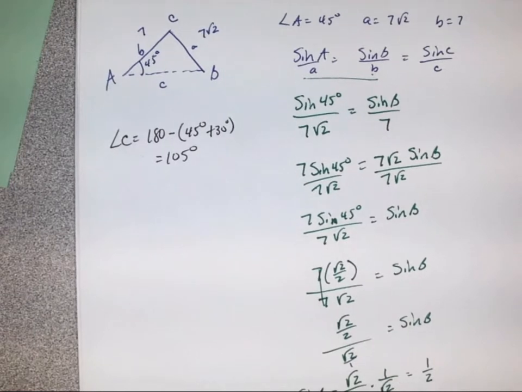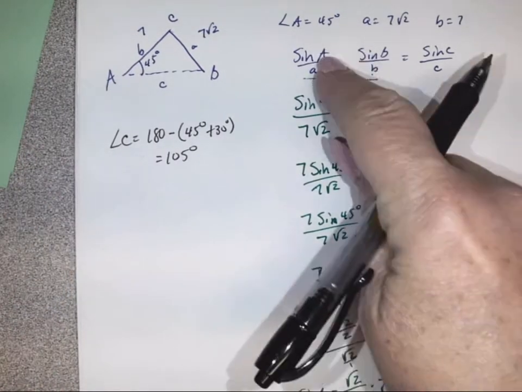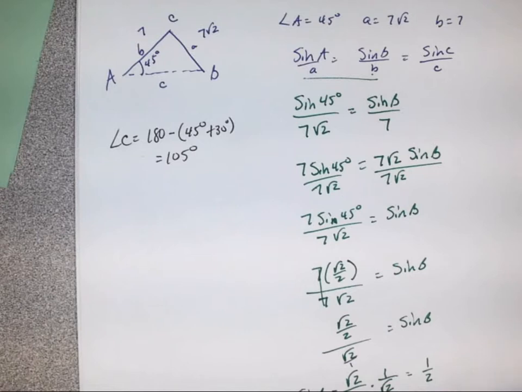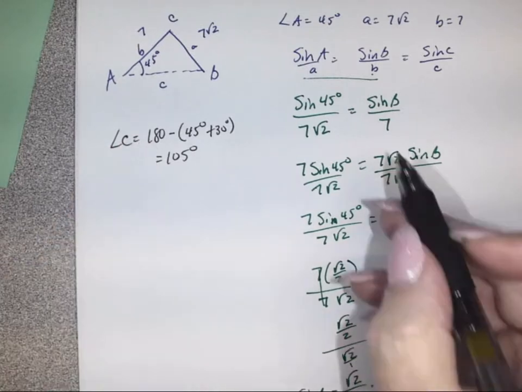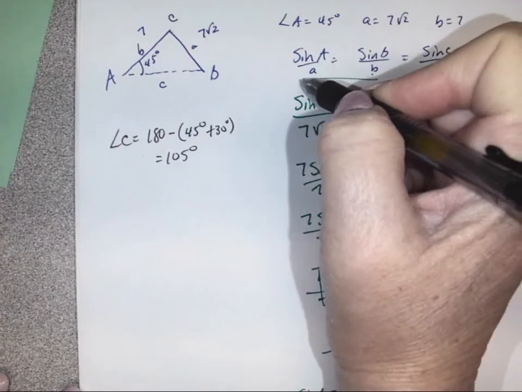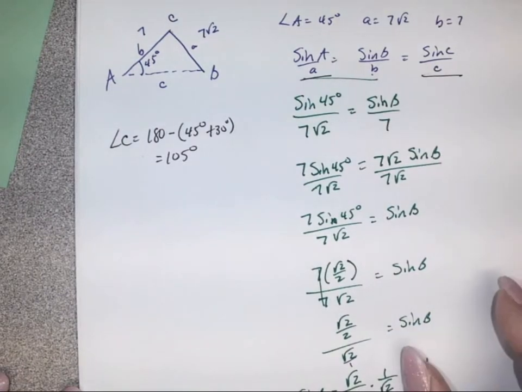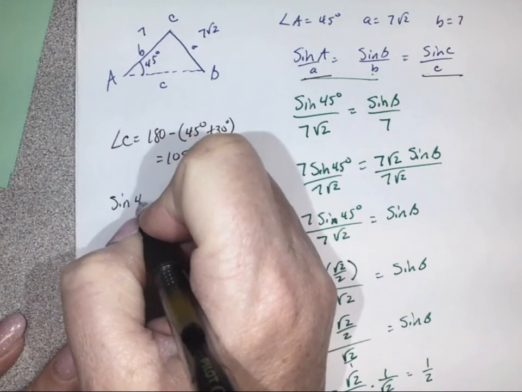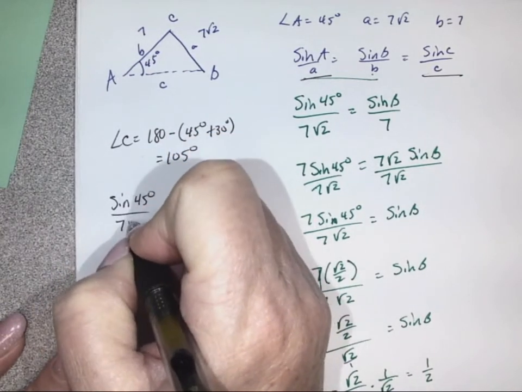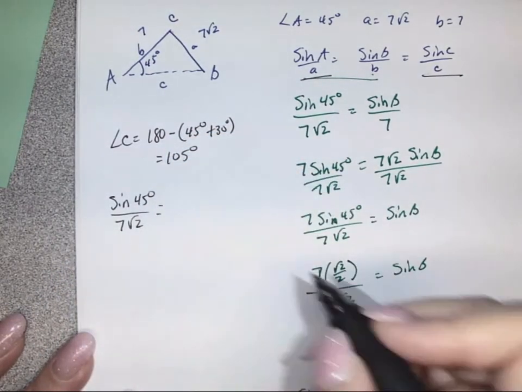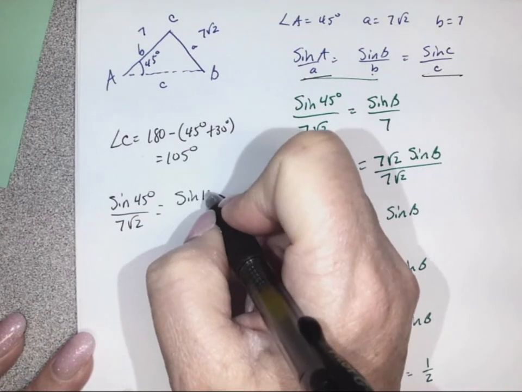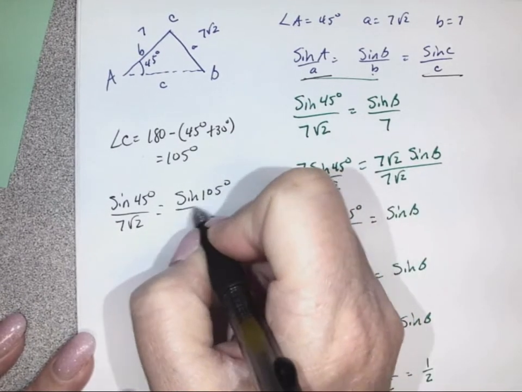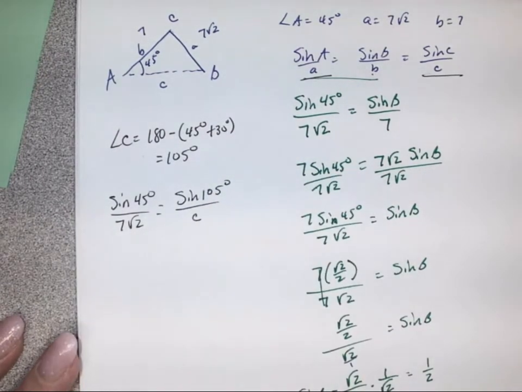All right, now that we know angle C, we can use our sine A over a, and we'll use our sine of C over c. So we'll have the sine of 45 degrees divided by 7 square roots of 2 is equal to the sine of 105 degrees divided by little c.